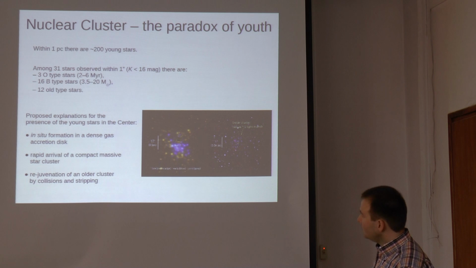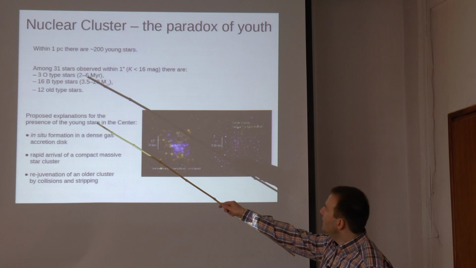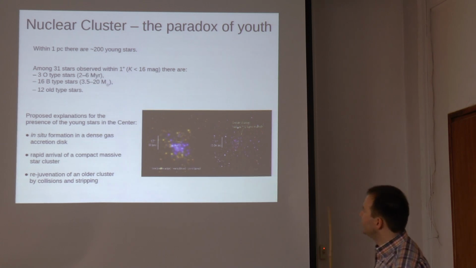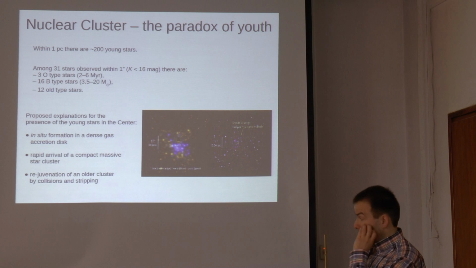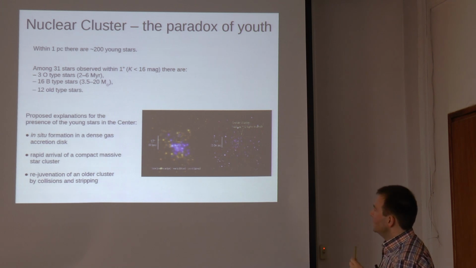And what's strange with this cluster is that it's very young in the old galactic bulge. So you have really young and massive stars there, and it's hard to explain the presence of such a cluster at the very center of our galaxy.